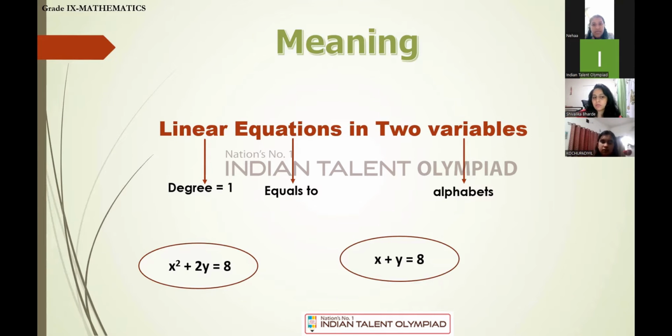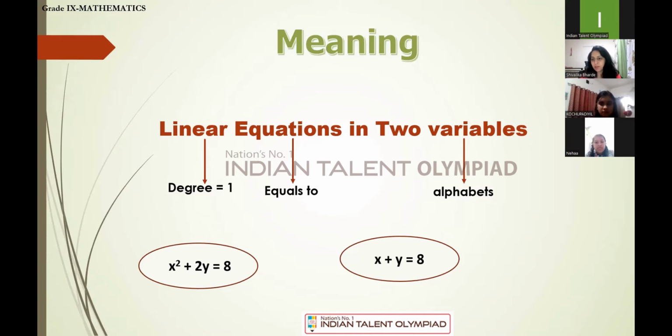Yeah, Neha, tell me. Ma'am, it is a quadratic equation. Yes, it's a quadratic equation because the highest degree is not 1. For a linear equation, it is a must that the highest degree of the equation should be 1.